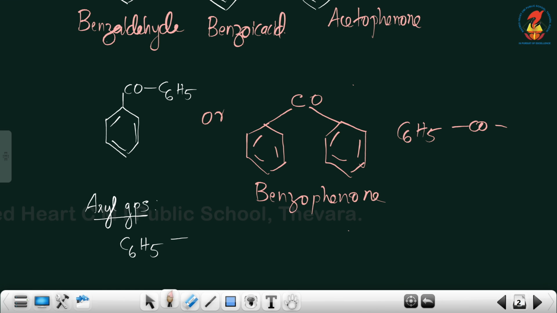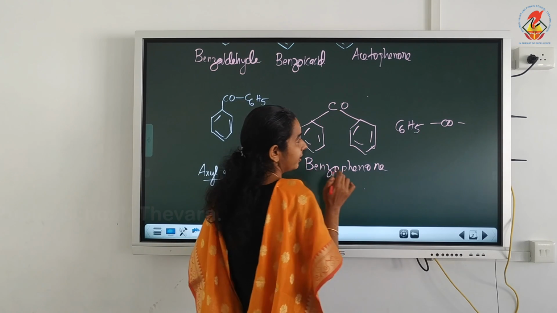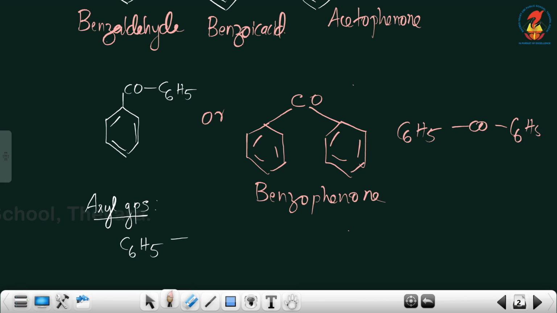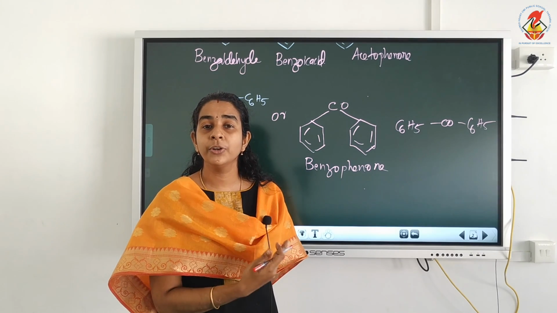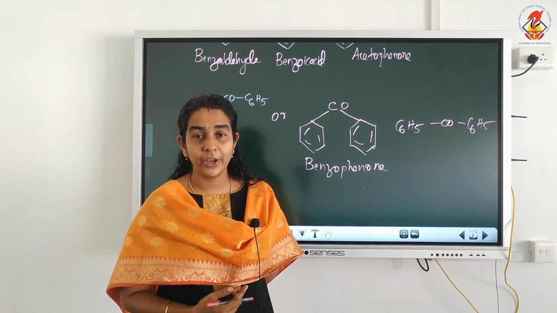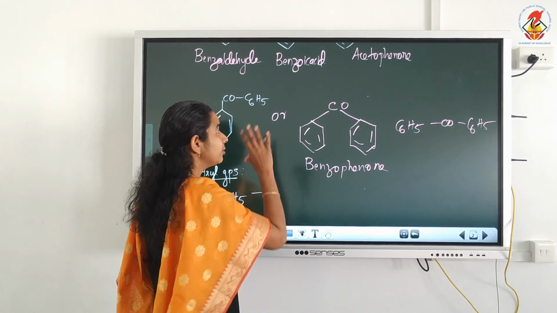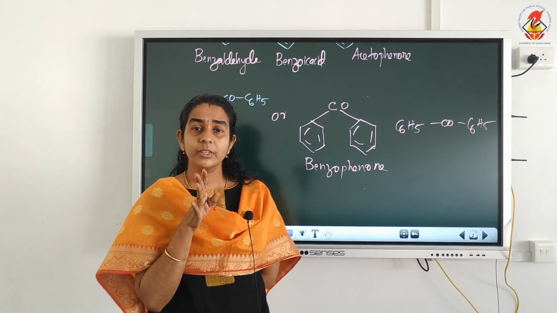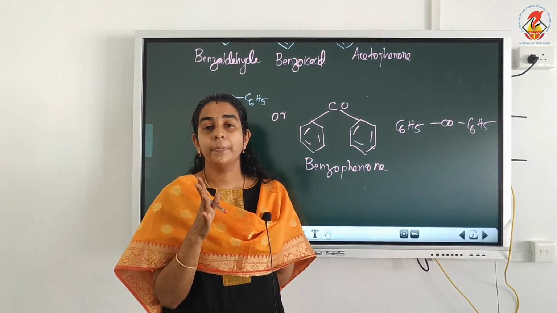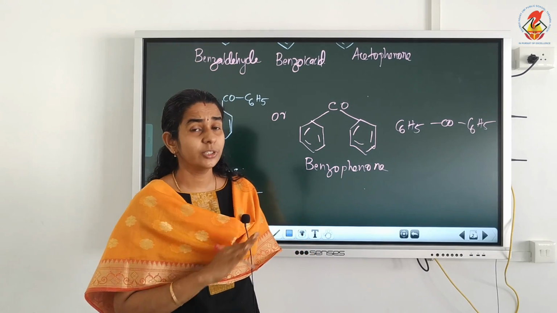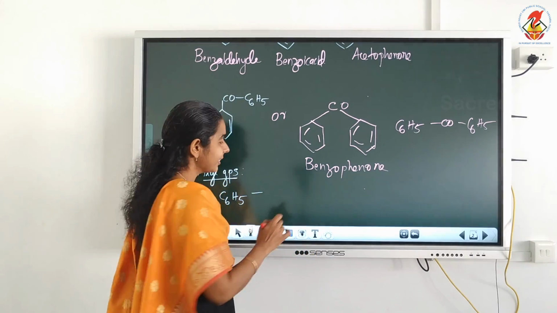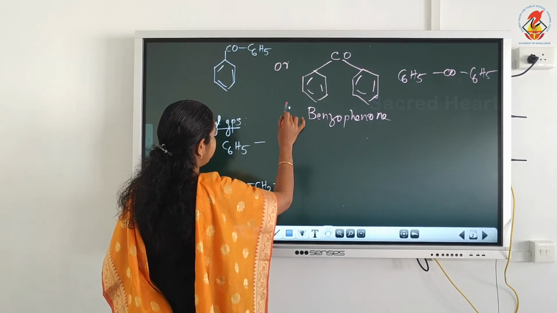Then we have CO, then another benzene ring with one more branch, so that also will have the formula C6H5. So benzophenone, the formula will be C6H5COC6H5. So these are the very common compounds with their common names. So study all these structures along with their common names.